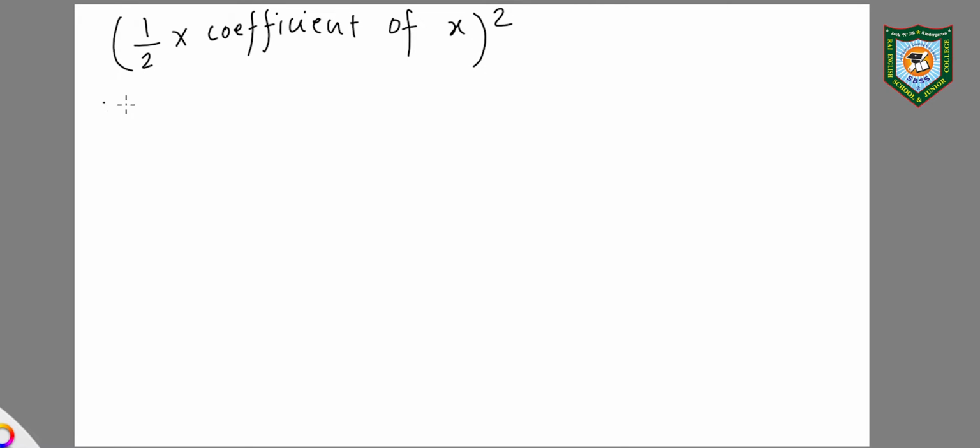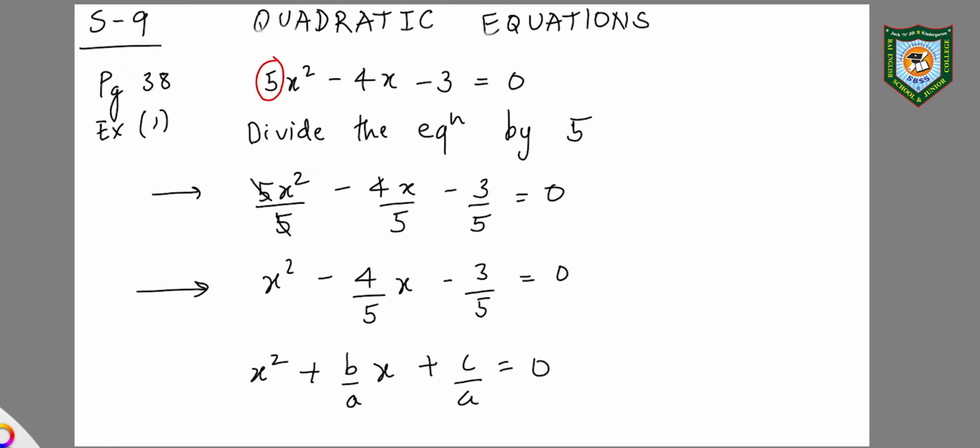So now we need to calculate the value of half into the coefficient of x, whole square. We have to find this value, and the coefficient is b by a, which in this case is 4 divided by 5.